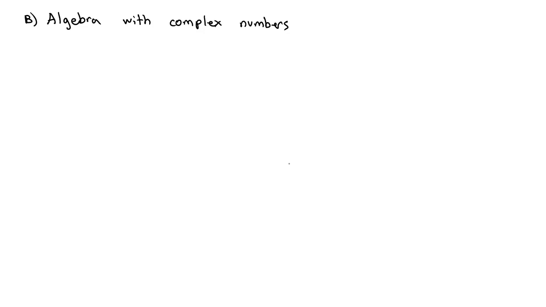And this follows with polynomials because it behaves a lot like polynomials do, because the i acts just like a variable. So for example, if we want to add two complex numbers, all we have to do is combine like terms.